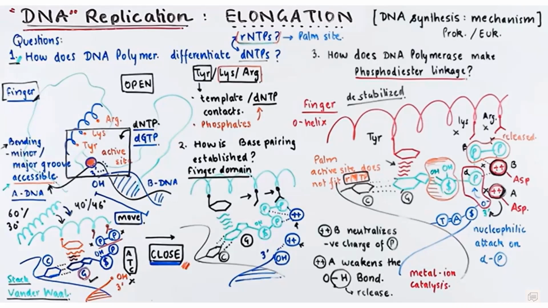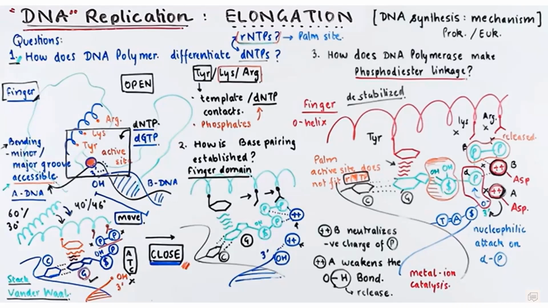So this move in the finger domain will occur in response to the correct dNTP when it is positioned against the cytosine on the template strand. Essentially, in sampling for the correct dNTP, a fit in terms of proper hydrogen bonding will cause a sustained move in the finger domain, and now the G and C can properly hydrogen bond.